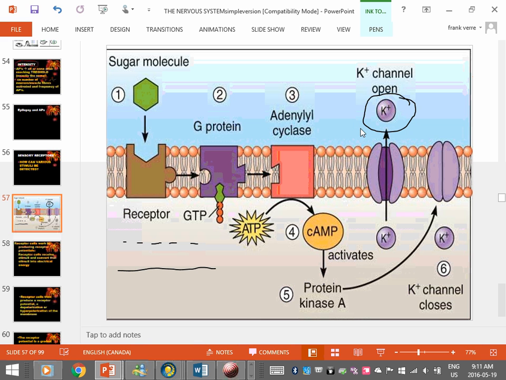So there are channels in the neuron that are open, that are not controlled by the voltage, where some of the potassium will leak out. But what would happen if we closed that channel? So no potassium leaks out. That means, what are you doing? You are retaining more what?